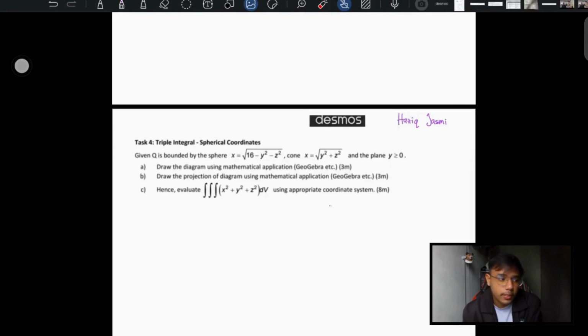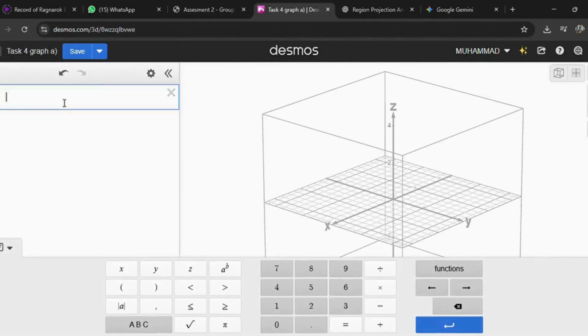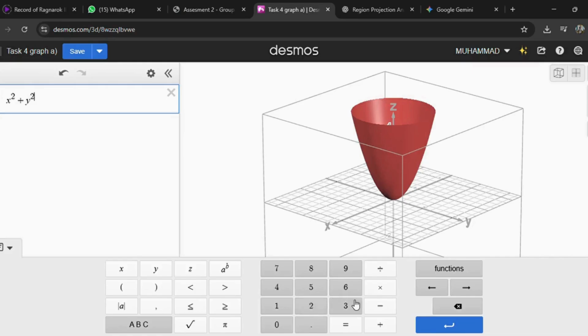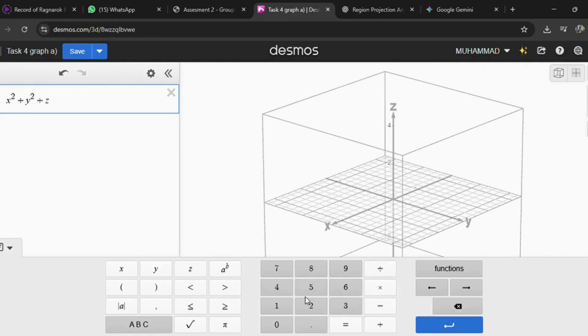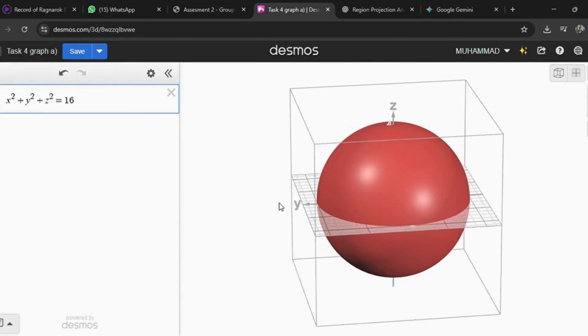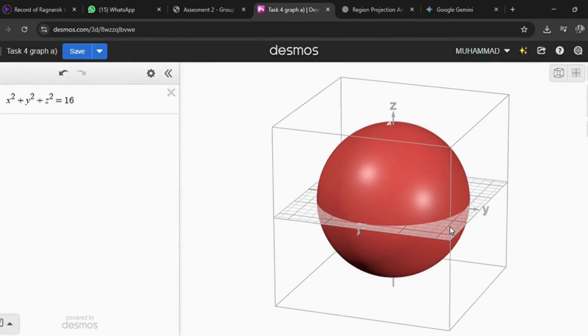Okay, this is the website that I use to make a 3D diagram. First I put in the sphere equation, x square plus y square plus z square equals 16. Now this is the solid sphere from the equation we put in.